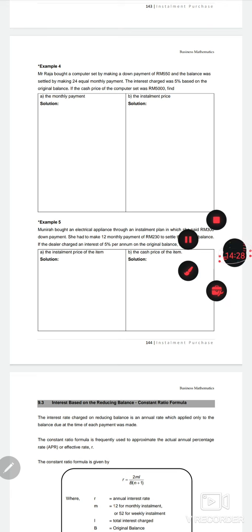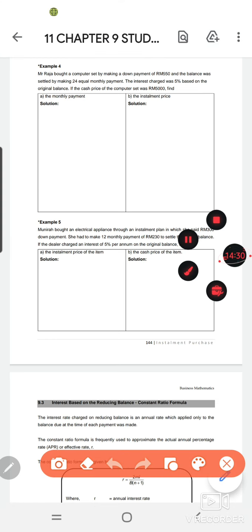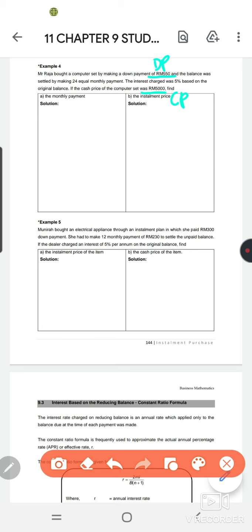So this is also the same. Meaning here the down payment is 550, cash price 5,000, and then 5% interest rate, 24 equal monthly payments. This one is N. So you need to find the monthly payment, which is R, and you need to find the installment price.